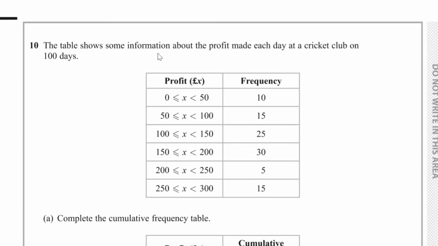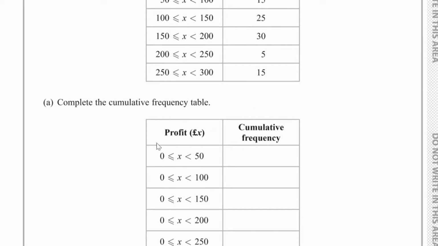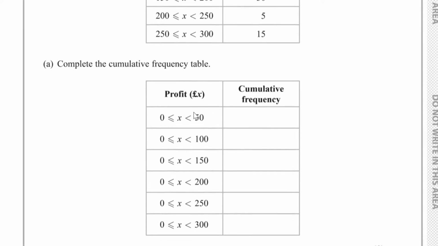Question number 10. The table shows some information about the profit made each day at a cricket club on 100 days. That's what we see here. And for part A, we have to complete the cumulative frequency table.